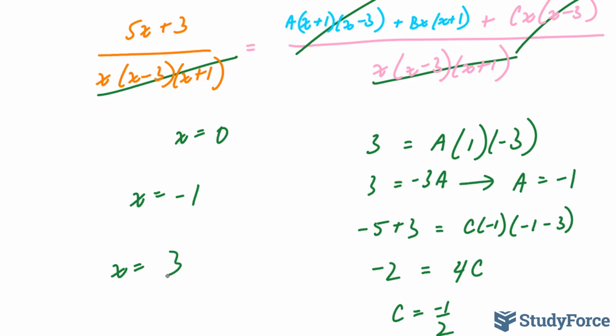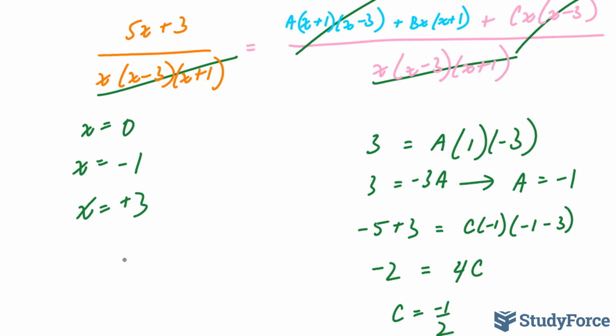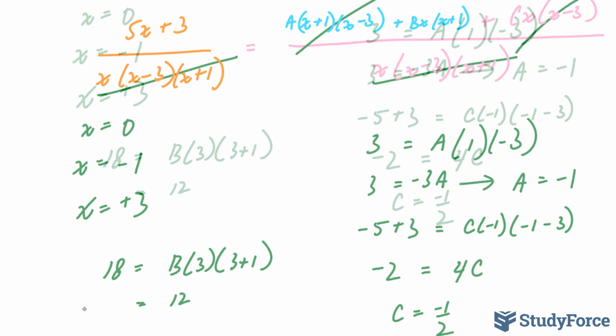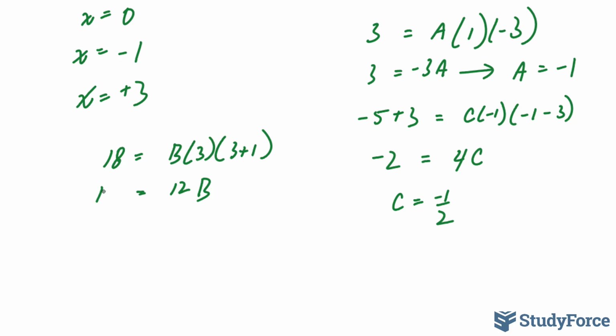Setting x to positive 3, we are left with 5 times 3 is 15 plus 3 is 18 is equal to B times 3 placed here. 3 plus 1 is 4. 4 times 3 is 12. 12B is equal to 18. Therefore, B is equal to 18 over 12, which is equal to 3 over 2. We just found our A, B, and C. That's our A, that's our C, and that's our B.